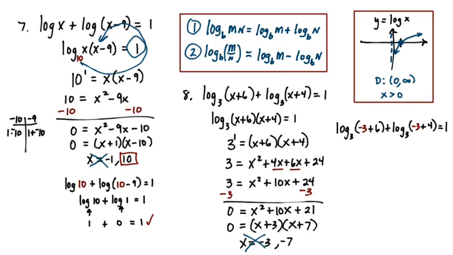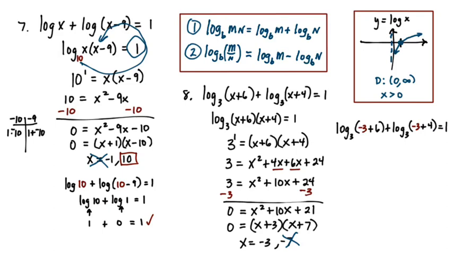Oh wait, I said that wrong. Negative 7 doesn't work, but negative 3 does. Let me go back and fix this here. I crossed off the wrong one. So it's the negative 7 that's not going to work.